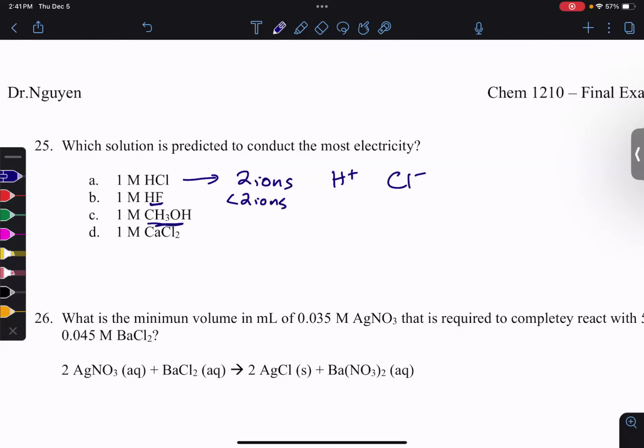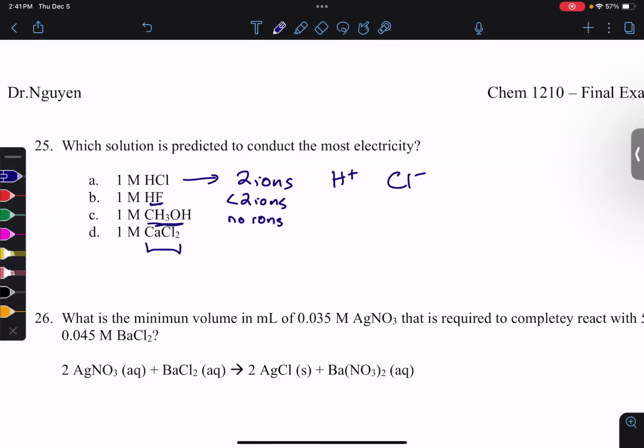Oh yeah, this guy. That is what kind of electrolyte? Non. So if you put 1 mole of methanol in water, it's still going to be one mole of methanol, all right? So here we're going to have no ions because it's a non-electrolyte. All right. Finally, calcium chloride.